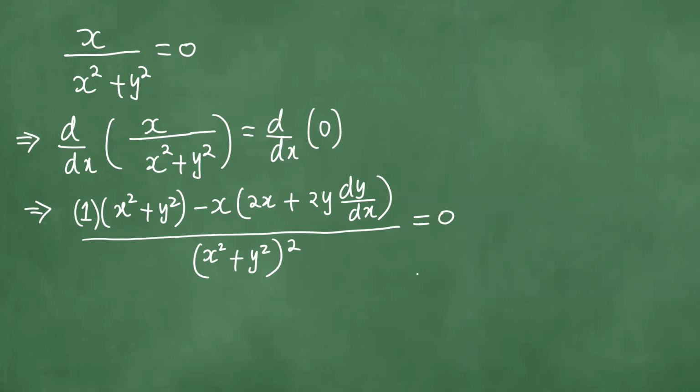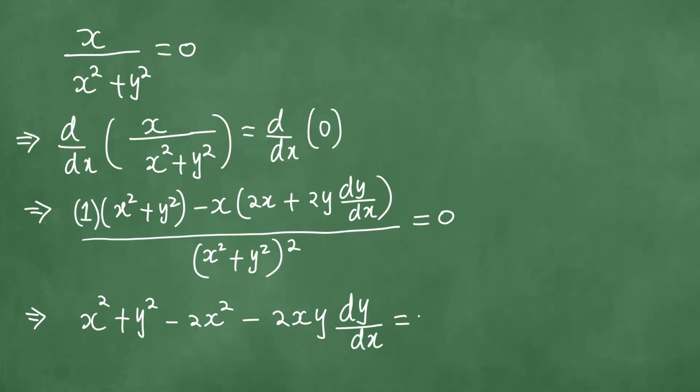Right, when you get to this point, we cross multiply and distribute. We get x squared plus y squared minus 2x squared minus 2xy dy/dx equals 0.